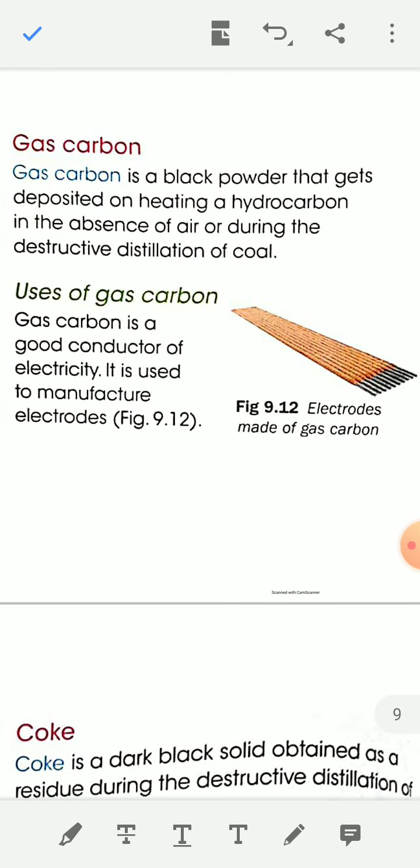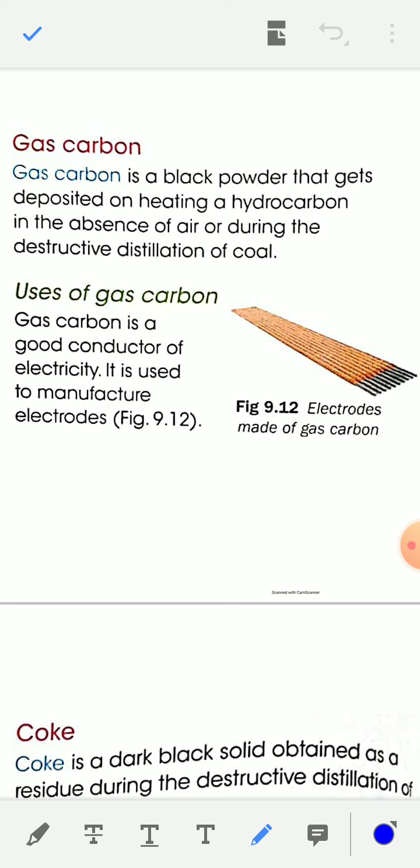The next amorphous form of carbon is gas carbon. Gas carbon is a black powder that gets deposited on heating a hydrocarbon in the absence of air during the destructive distillation of coal.